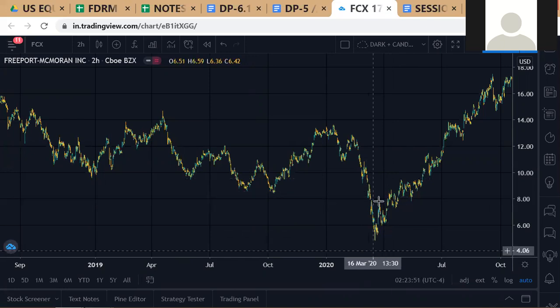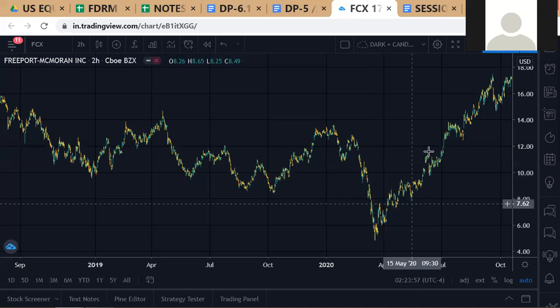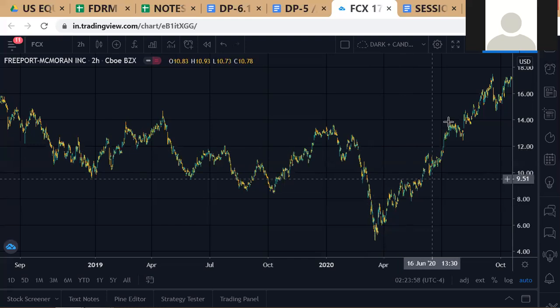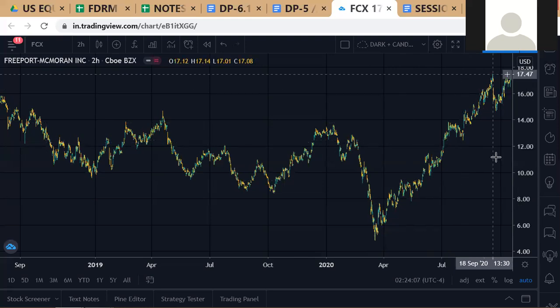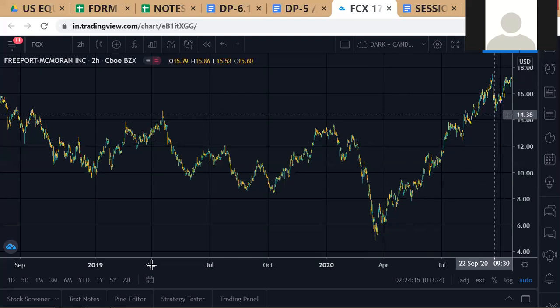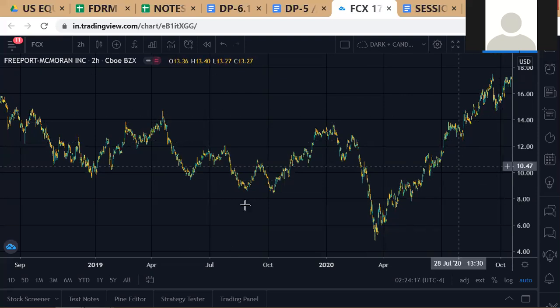We see this low, this high, this low, high, low, and we don't see this one. After this low, we only see this high. And we see this low, though we don't know if it's a low yet because the new high has not been made, but maybe this is going to be the low. So after he buys, this is what we have.